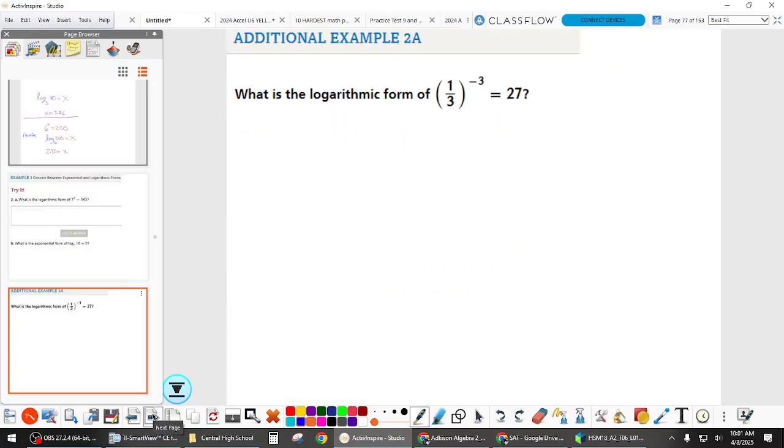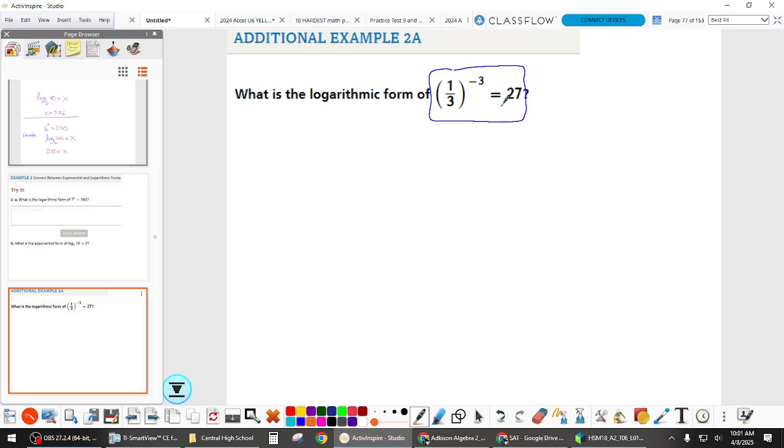Want to up the level a little bit? No, actually I don't. What? Writing it in log form is no big deal. Here's my question. Why is this true? Why can I take a fraction to a negative exponent and get a whole number that's way bigger? What? It's important to know.